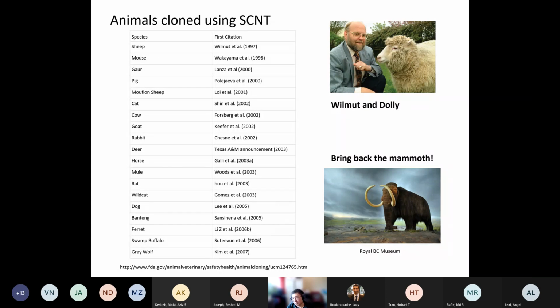And you probably read some news or watched television. A lot of people are trying to bring back the mammoth. It's such a wonderful animal, good looking. And I show that picture.